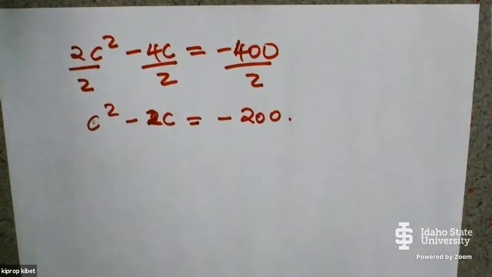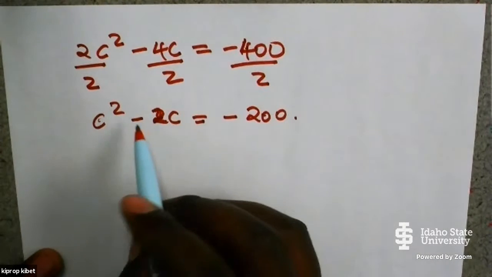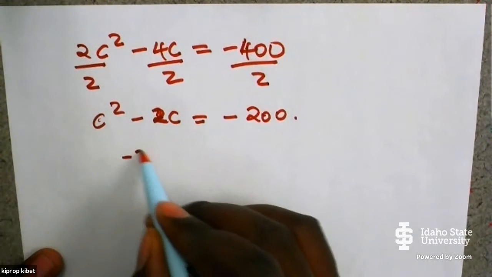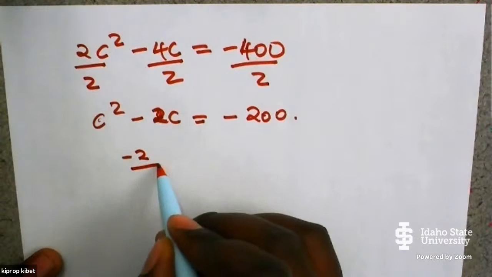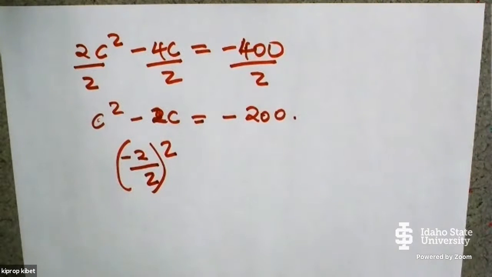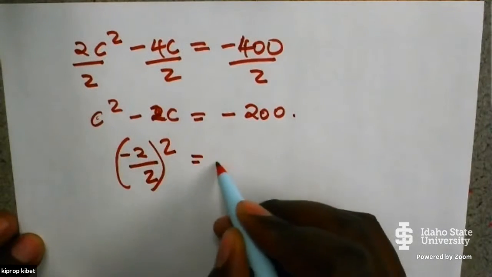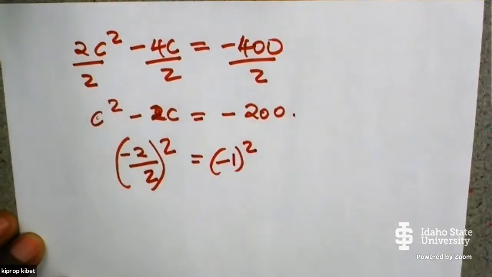Step number 2, identify the coefficient of c, which is minus 2, divide by 2, and square. Minus 2 divided by 2 is minus 1, squared.